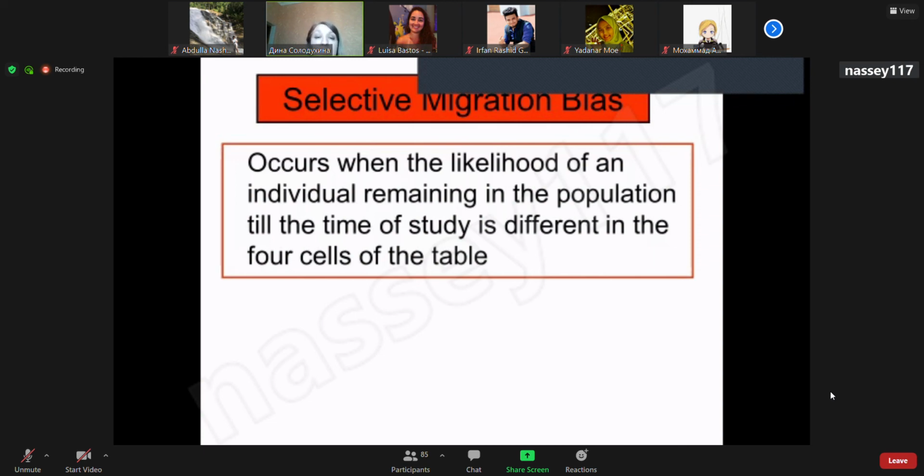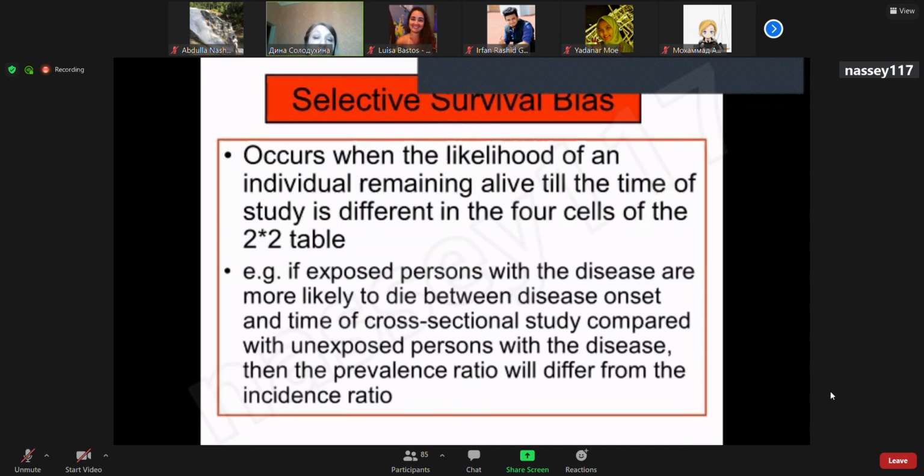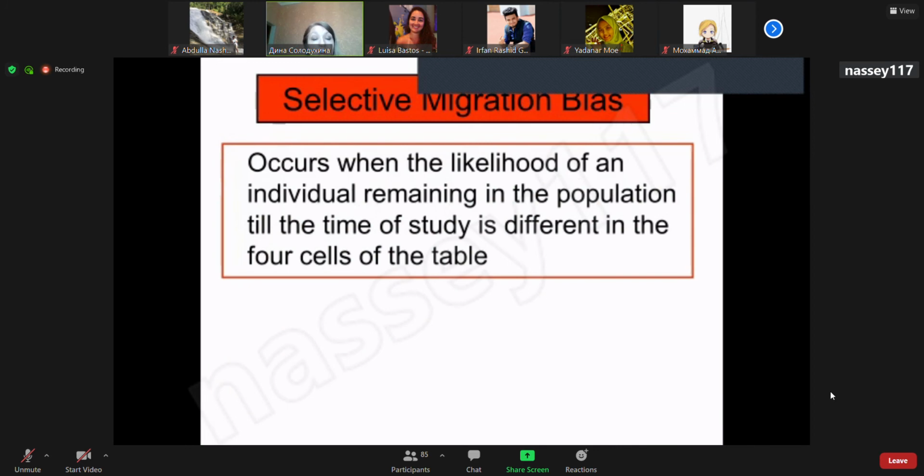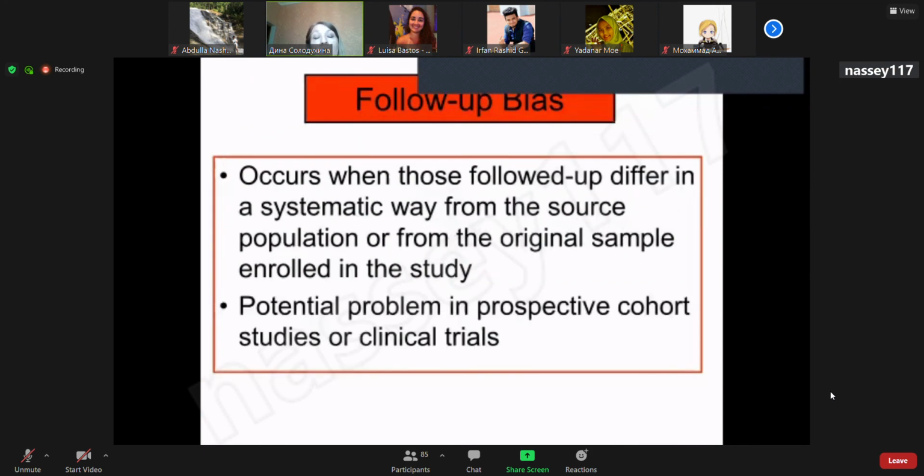So again, similar to selective survival bias, in selective migration bias, we have to check people remaining in the population and to check the cells for the table, whether they have made a lot of difference compared to the previous baseline characteristics.